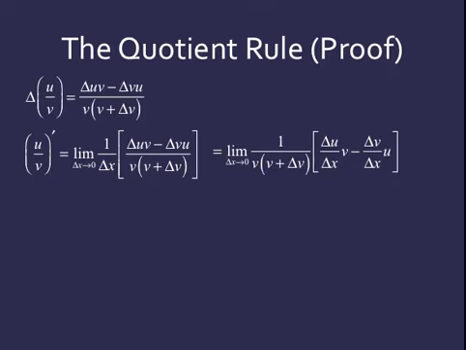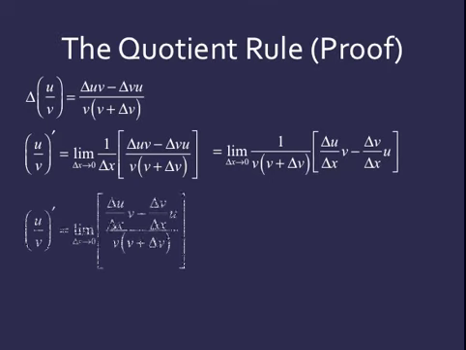Note that the delta u over delta x term is just the definition of the differential of u, and the delta v over delta x term is just the differential of v, so that we end up with the limit as delta x tends to 0 of the differential of u times v minus the differential of v times u over v multiplied by v plus delta v.